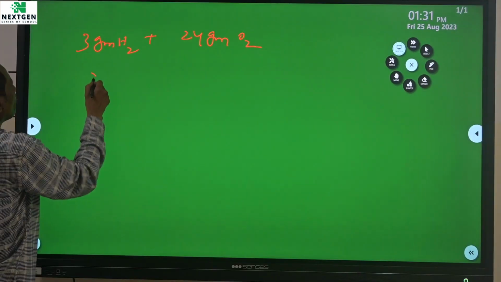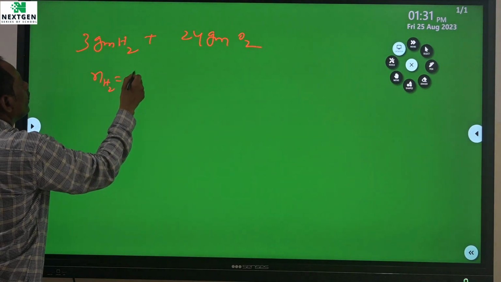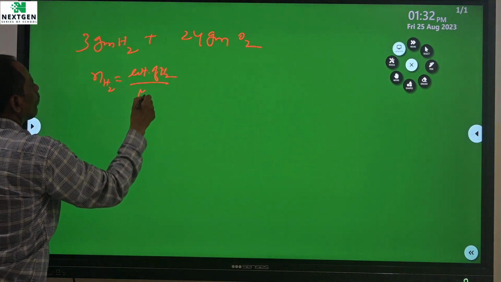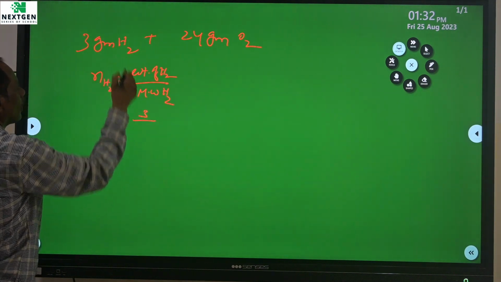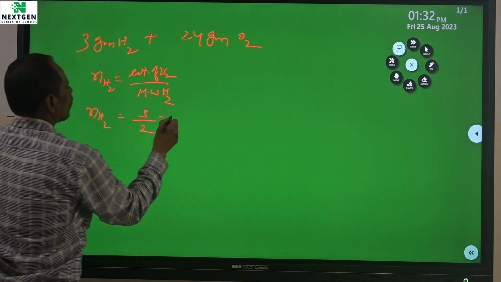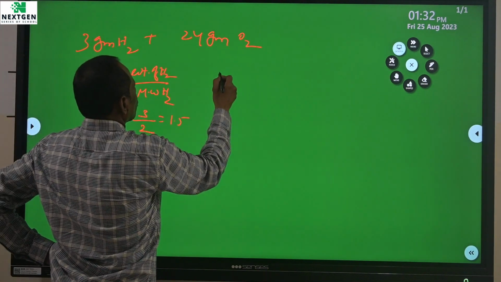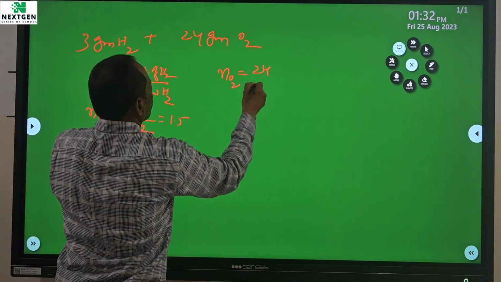Here, 3 grams of hydrogen means calculate the number of moles of hydrogen. Number of moles of hydrogen is equal to the weight of hydrogen divided by the molecular weight of hydrogen. The weight of hydrogen is 3 and the molecular weight of hydrogen is 2. So the number of moles of hydrogen is 1.5. Then, like that, calculate the number of moles of oxygen. Number of moles of oxygen is equal to the weight of oxygen divided by its molecular weight.